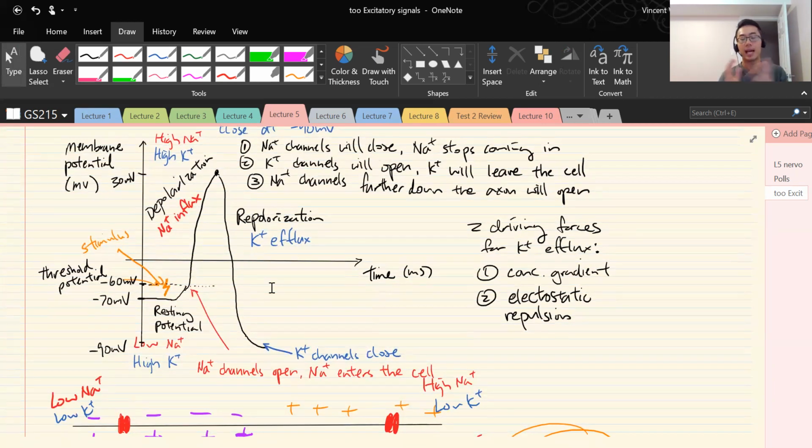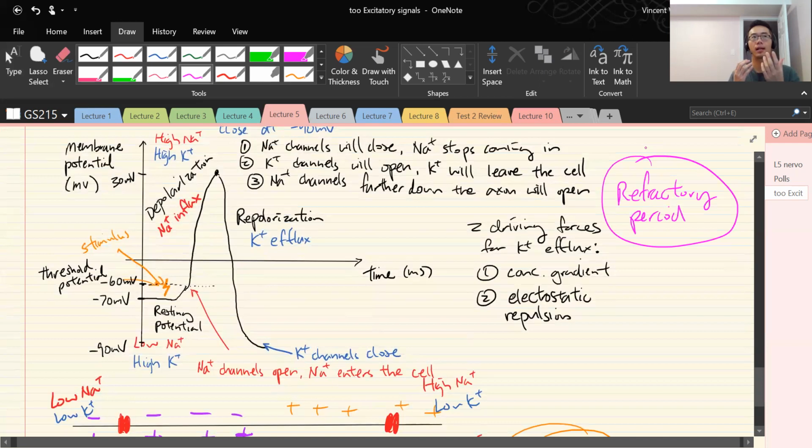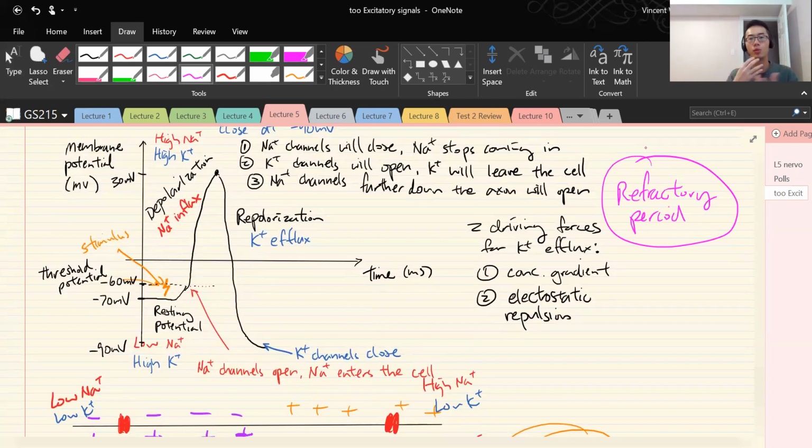So the answer is no, and the reason is this: when these channels open and then close, after they close, they enter what's called a refractory period. So I'm just going to put it down here, and then explain the refractory period. During the refractory period, the channels are resetting themselves, reconfiguring themselves.